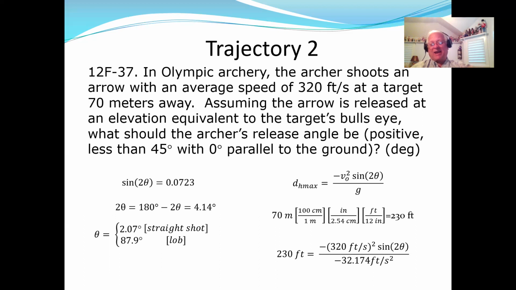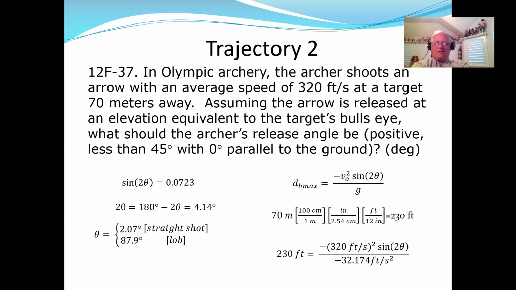Likewise, 20 degrees is 25 degrees less than 45, so it would be 65 degrees, which is 45 plus 20. Those would give me the same horizontal distance traveled if I shoot with the same velocity. So this is one thing you have to be careful of: which theta you choose when solving for the angle of departure, the exit angle for the object as it goes flying through the air.